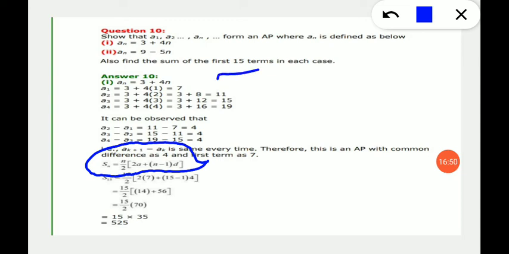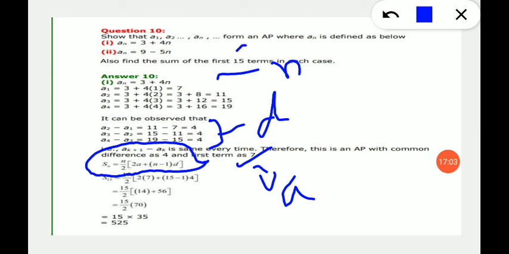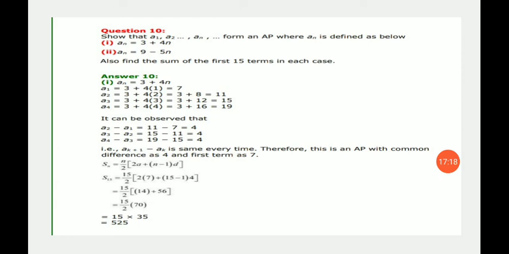What is n? n is 15, a first term 7, d common difference 4, and when we substitute, after solving we get 525. So 525 is the sum of 15 terms of this AP. Got it, students?